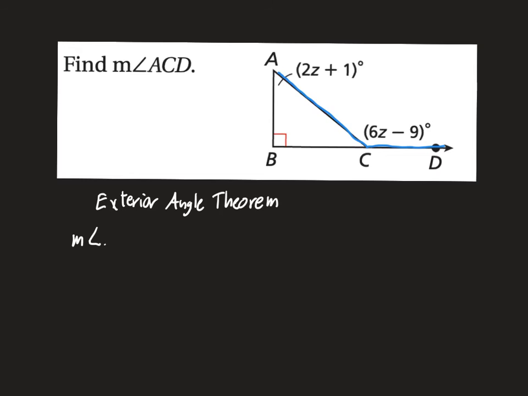So we can write this as the measure of angle ACD is equal to the measure of angle ABC plus the measure of angle BAC. And then using substitution, I'm going to put in the expressions or the value for each of those angles.